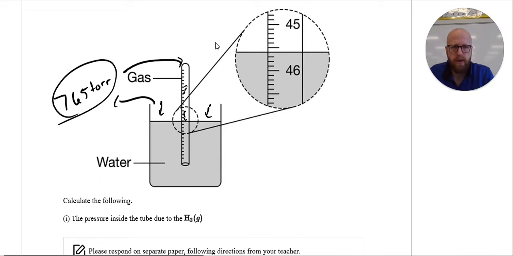One other thing it tells me is that the pressure of the H2O, the water vapor, is equal to 24 torr. So let's think of what that tells me. Well, I have some H2O molecules that are coming out of here, and now they're in gas form, and they're creating a pressure too. So they're adding to that pressure inside of here.